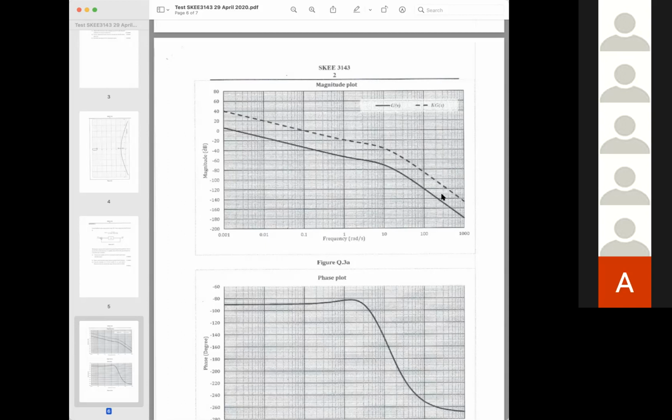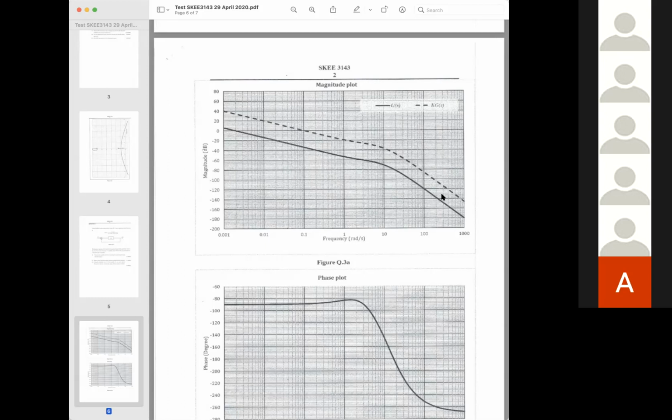The solid line GS is without gain adjustment. Understand? Try repeating what I said. The dotted one is after gain adjustment. The solid line is before the gain adjustment, meaning the normal open loop.